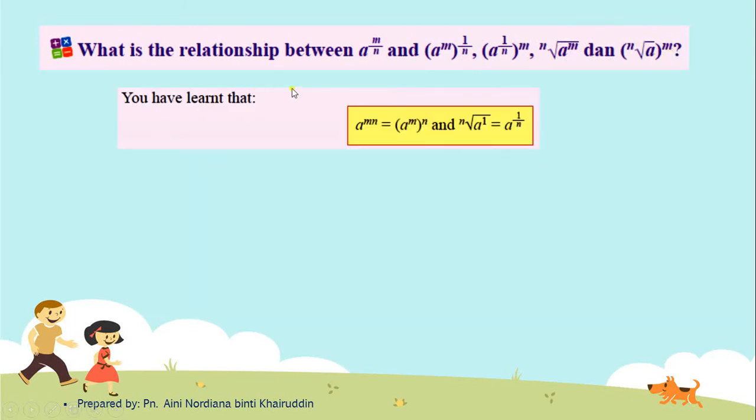So you have learned that a to the power of m to the power of n is a to the power of m times n, and the nth root of a is equal to a to the power of 1 over n.